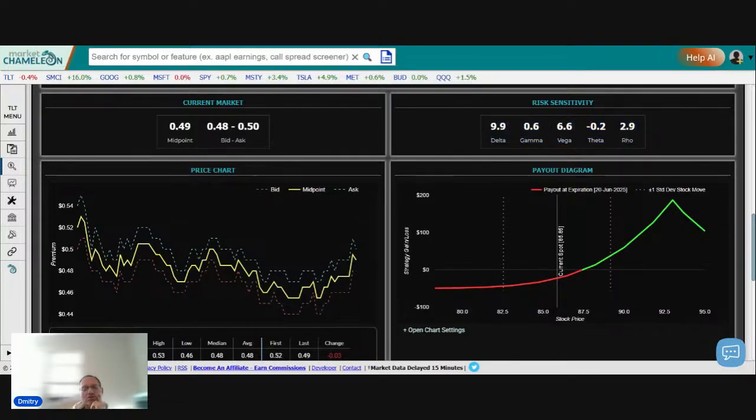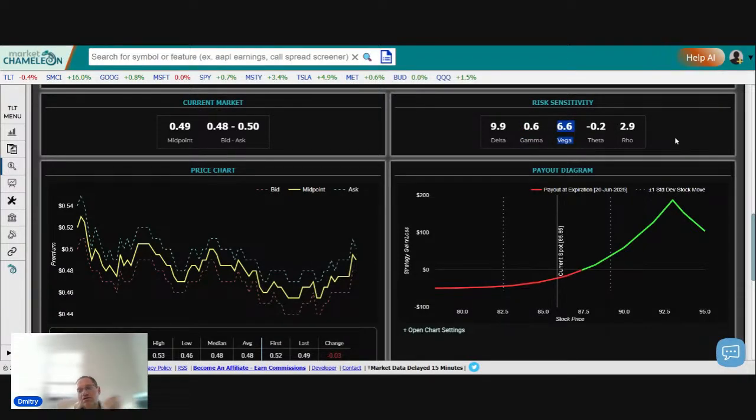So we could see it has a little bit of a delta, which means it has a bias towards the upside. A positive delta means the spread will make money if the stock goes up, and it will lose if the stock goes down. It has a positive gamma, positive vega.